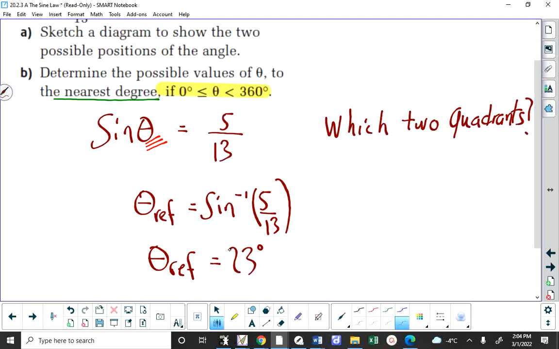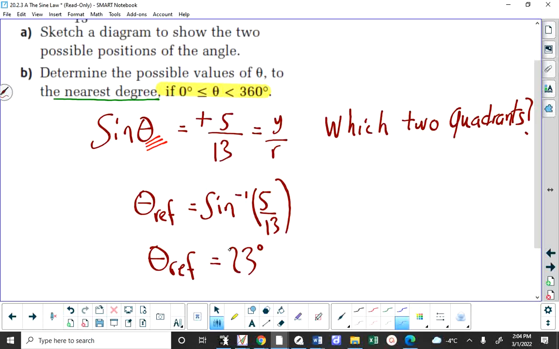And you answer that based on knowing that this ratio is y over r, and in the question it said that sine was positive. So what does that mean? It means this rotation angle, not the 23 degrees necessarily, but the rotation angle has to be in a quadrant where y is positive. Well, that's these 2 quadrants up here, quadrant 1 and quadrant 2.